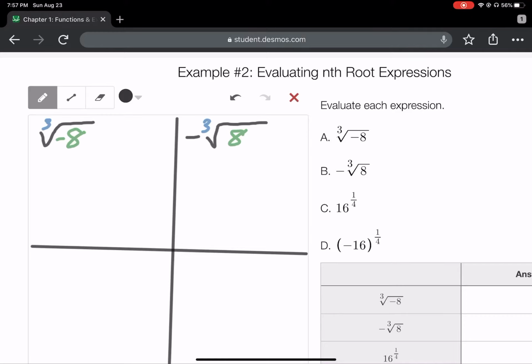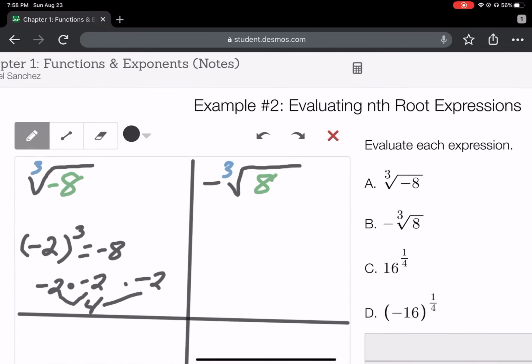For this first one, we're looking for a number that, raised to the power of 3, will give us a negative 8. So we're looking to find a negative number to the power of 3 that's going to give us negative 8. And that's exactly what negative 2 does, because negative 2 times negative 2 is a positive 4 times negative 2, positive times negative gives us a negative 8.